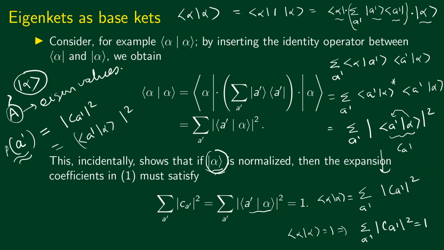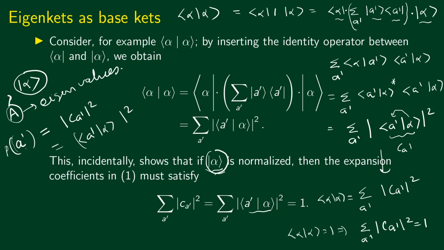So this rule says that in order to find the probability of measuring a particular eigenvalue A prime of the operator A, you take the eigenvector corresponding to this eigenvalue, project the given state onto this eigenvector and take the modulus square, and this will give you the probability for measuring an eigenvalue A prime.